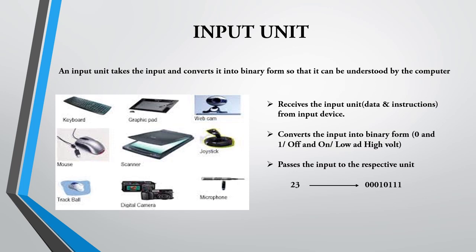First one is keyboard. Keyboard is a typewriter-like device which is used to type in letters, digits and commands. Second one is mouse. Mouse is a pointing device with either a roller on its base or some laser mechanism. Mouse controls movement of the pointer on the screen. And the third input device is microphone.